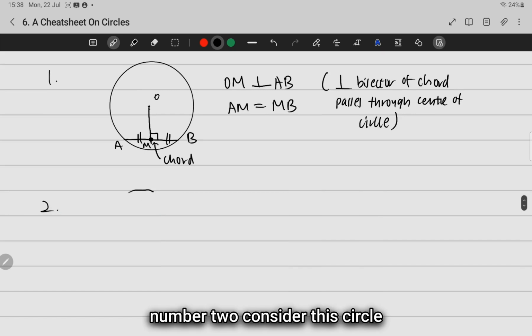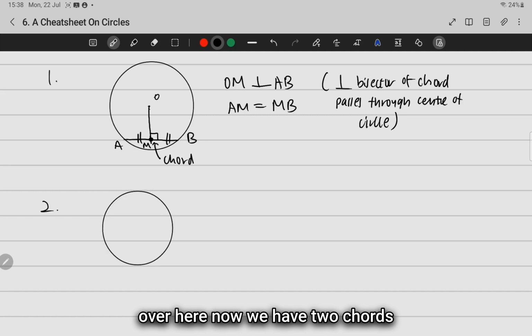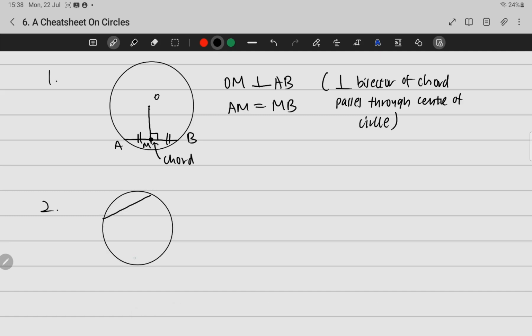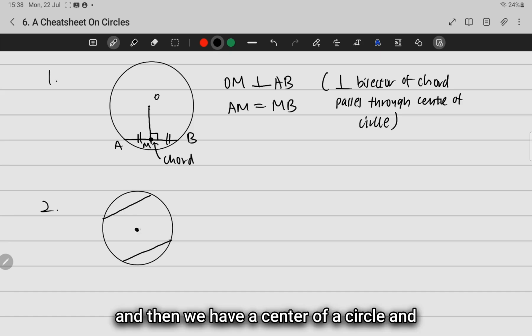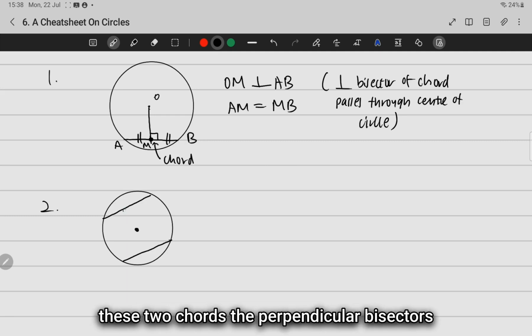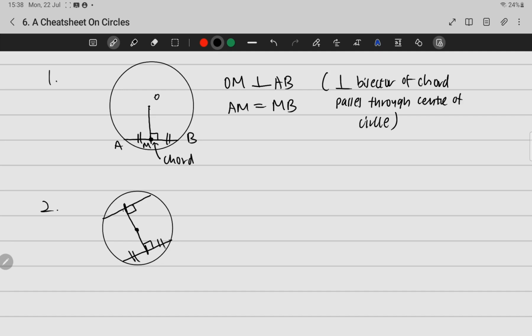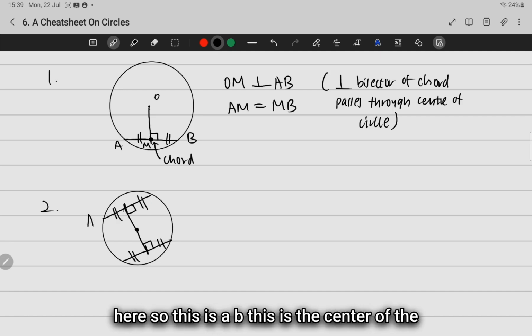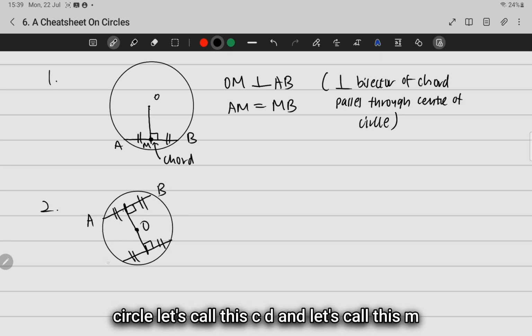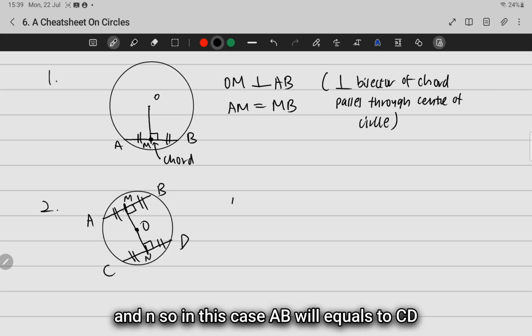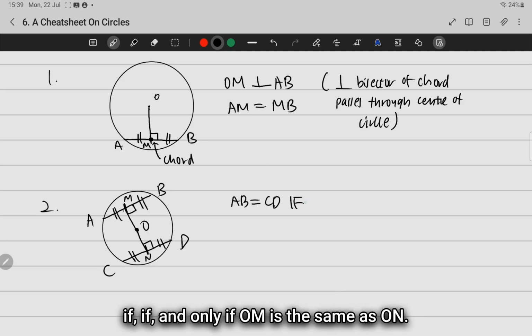Number 2, consider this circle over here. Now we have 2 chords, and then we have a center of a circle, and the perpendicular bisectors of these 2 chords will cut through the center of the circle, as you can see over here. Let's label this A, B, this is the center of the circle O, let's call this C, D, and let's call this M and N. So in this case, AB will equal CD if and only if OM is the same as ON.